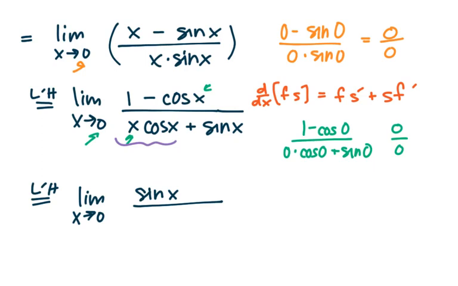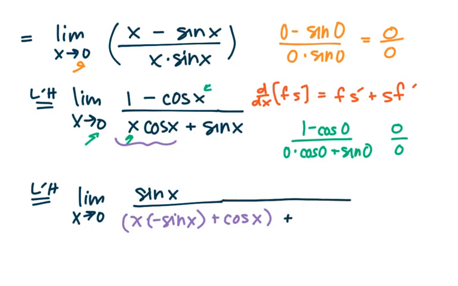The derivative of cosine is negative sine x, plus cosine x times the derivative of x, which is 1, we don't need that there, plus the derivative of sine x, which is cosine x.